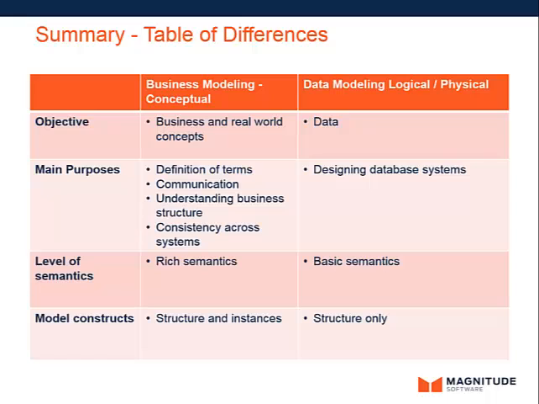In data models, it's just really about designing a database. The levels of semantics are really rich in the business model, but fairly basic in a data model. And the model constructs: we're talking about the structure and the instances in the business model, and just the structure in a logical data model.